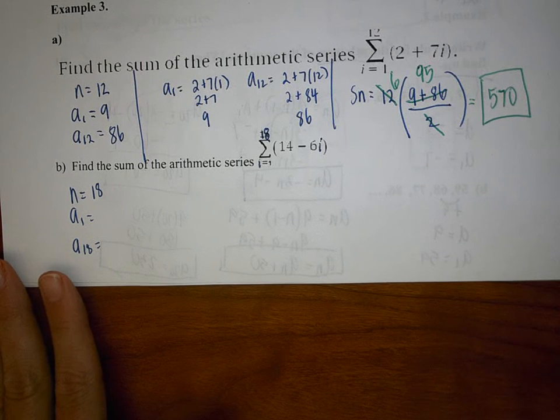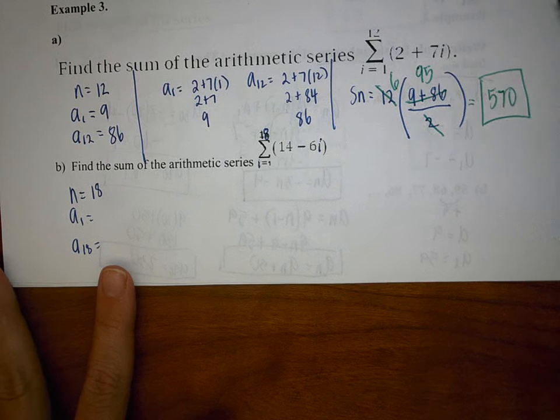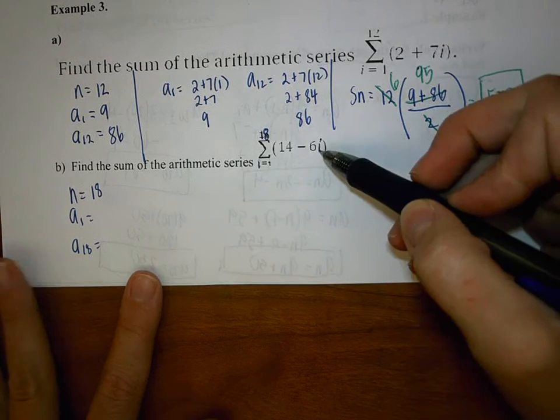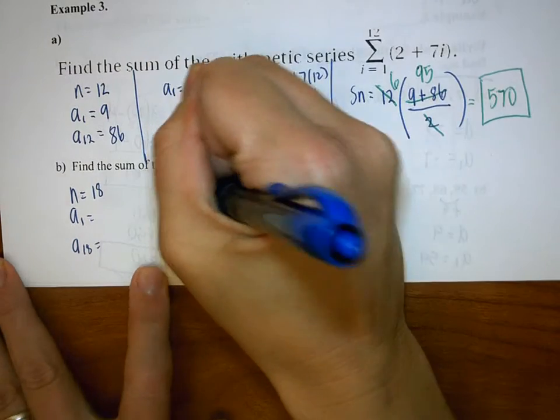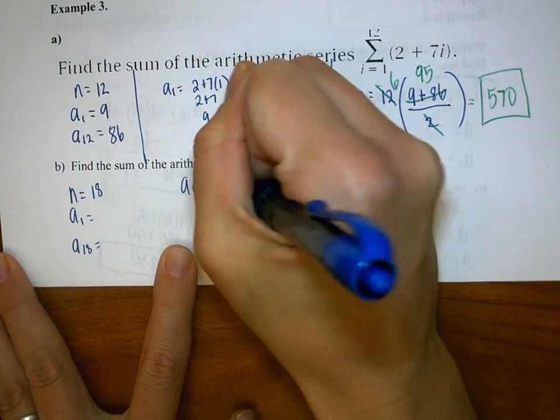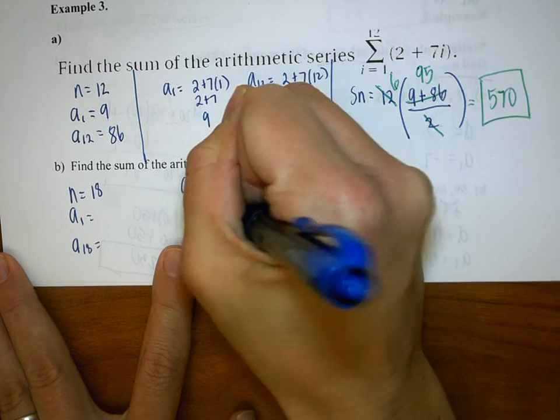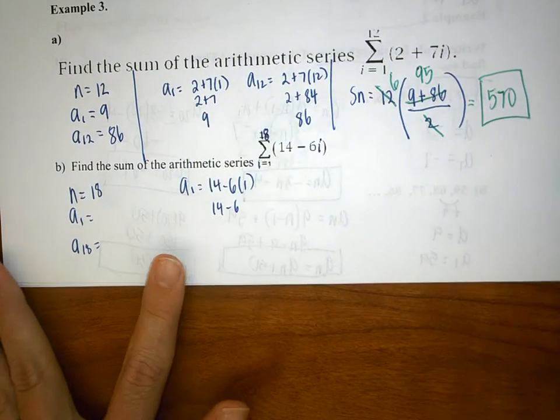How do I find the answer for the first term? Hope, are you getting this? How do we find the answer for the first term? Good, we're plugging in 1 for i. So my first term, we're going 14 minus 6 times 1. So 14 minus 6 equals 8.